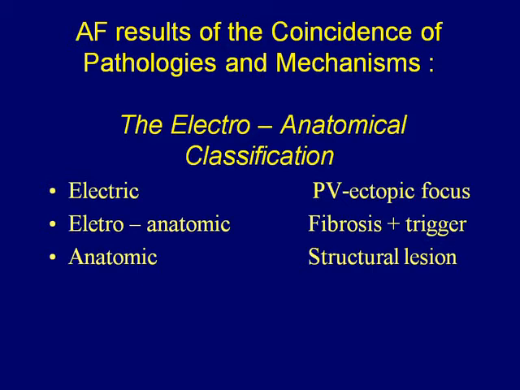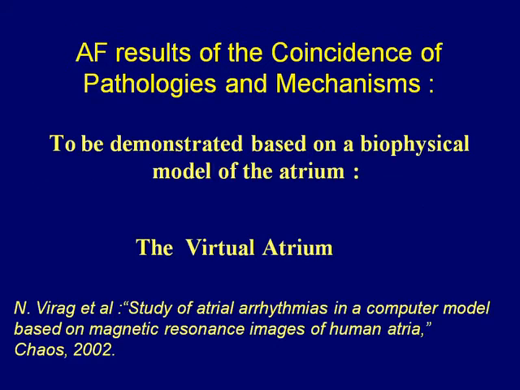As a result, atrial fibrillation can be regarded as the coincidence of pathologies and initiating mechanisms. This is the electroanatomical coincidence, as I like to call it. With the following classification, you can have a simply electric cause, an electroanatomic cause, putting together what I just told you, or the purely anatomic structural lesion, as you see it in mitral valve disease, for example.